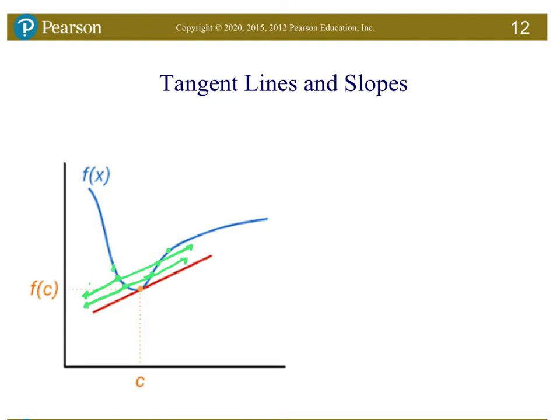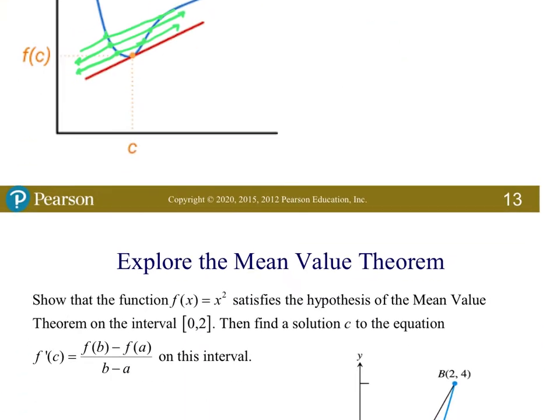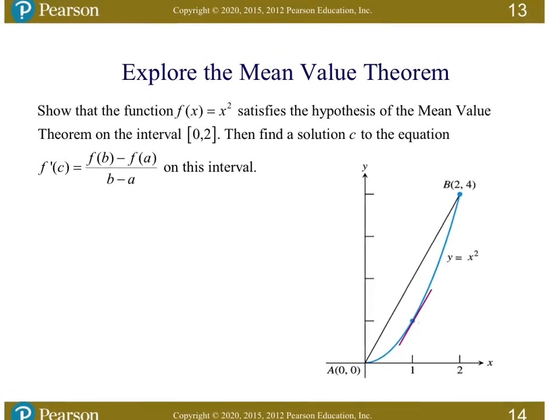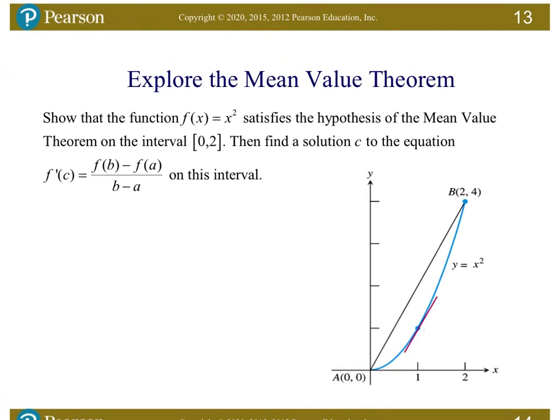Move it down a little bit. Okay, that happens at least once, if not multiple times, on the tangent line. All right, so let's do an actual example of it. Show that the parabola f of x equals x squared satisfies the hypothesis, and then find the solution.